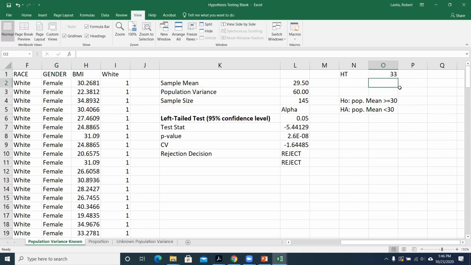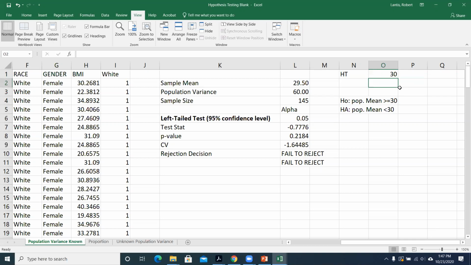I can reject 33 at the 95% level. I can reject 32. I can reject 31. Okay, I can't reject 30. So we were pretty close, but we can really only reject that the true population mean is 31 or greater, but we would fail to reject that it was 30.